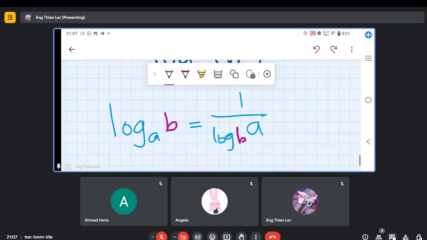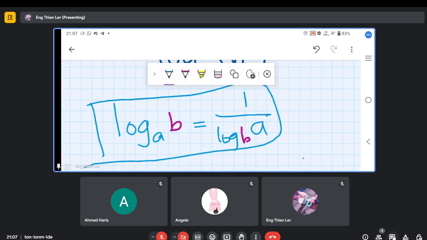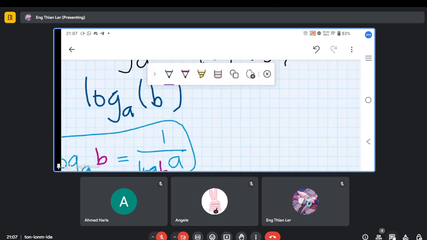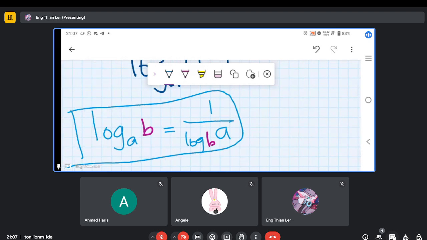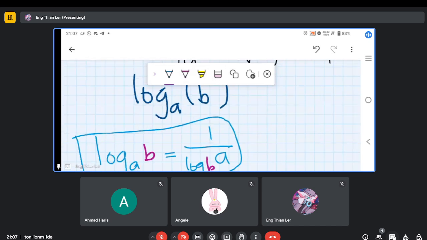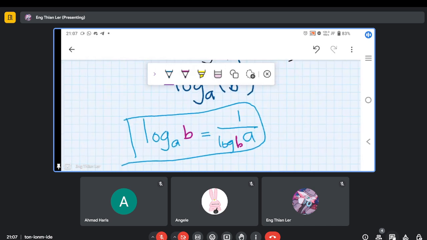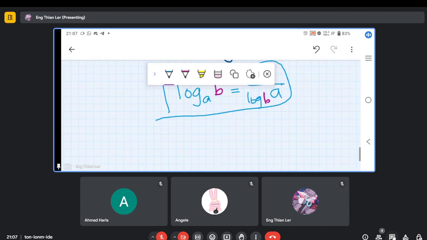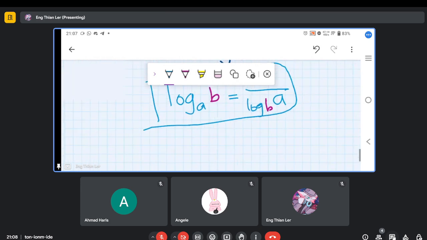How? I will show you right now. We cannot know this without knowing the theorem. What theorem? The change of base. How do we change base? Like I want to change the base 10 to base 3. How do we do this? Now I will show you.